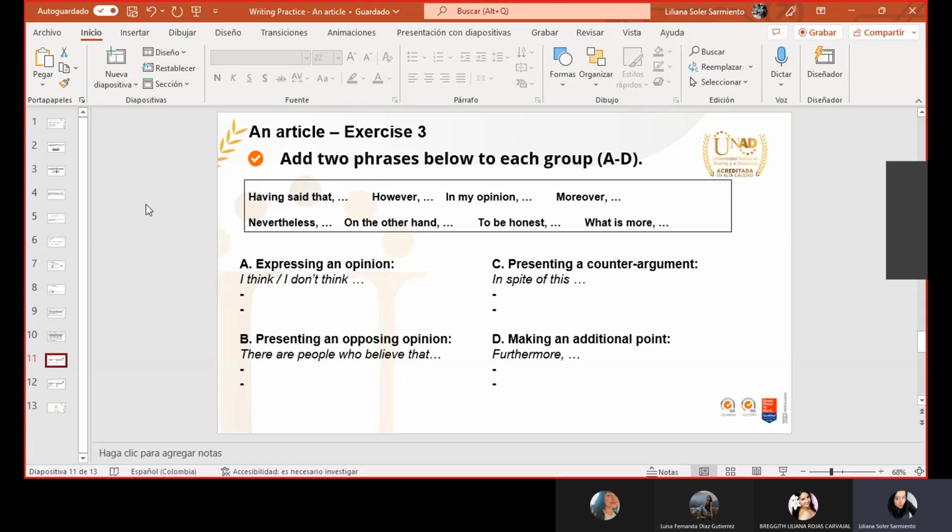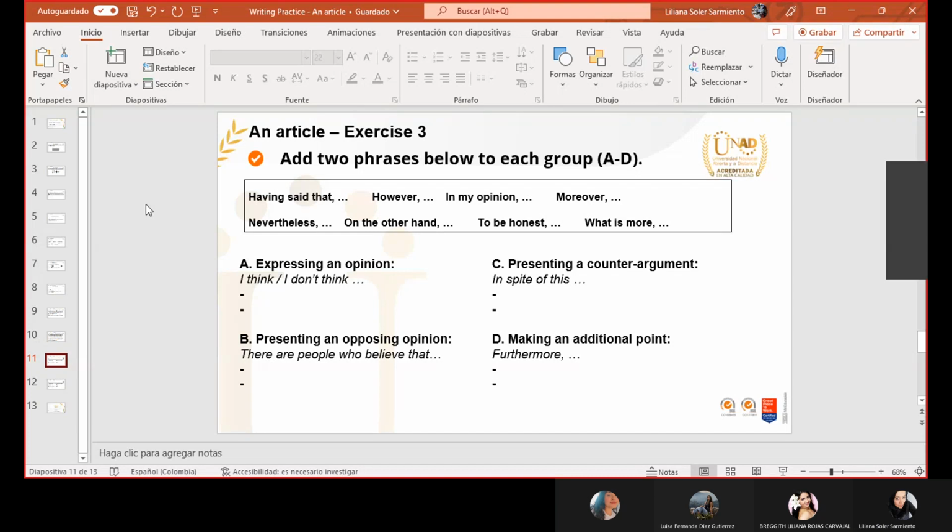Good job, exactly. And group B. In this group, we have presenting an opposing opinion. The example is, there are people who believe that. What other expression could be here?